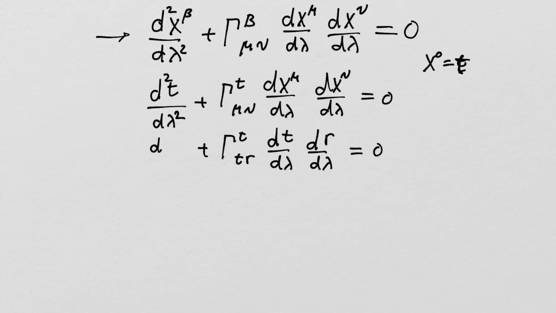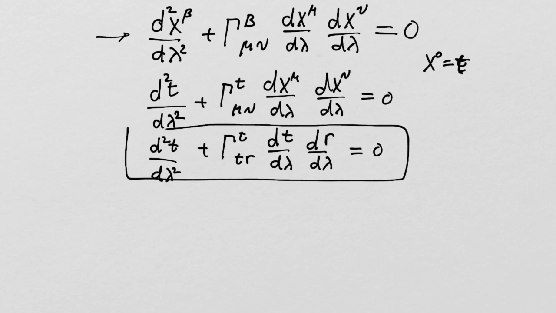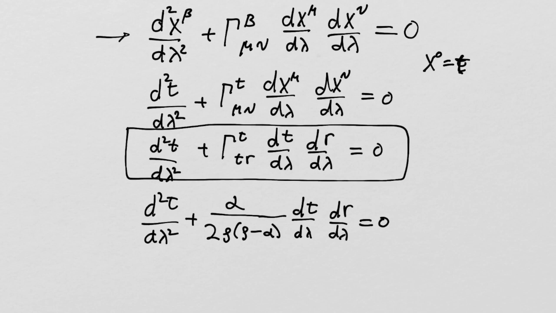And then I guess I push d squared t over d lambda squared. So this is the first geodesic equation. Well, actually, I guess I should write it out. Okay, yeah, this is the first geodesic equation where I actually substituted for this.